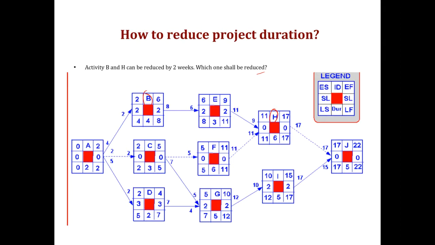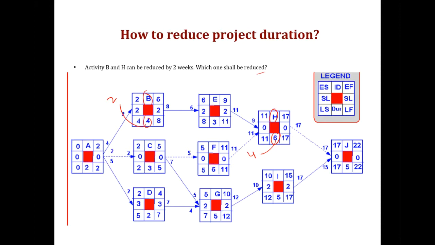So my question is, which option would you take? The option to reduce activity B from the existing 4 weeks to get it delivered in a 2 weeks period, or would you prefer reducing H, which is currently 6, and delivering it in a 4 weeks period, right?